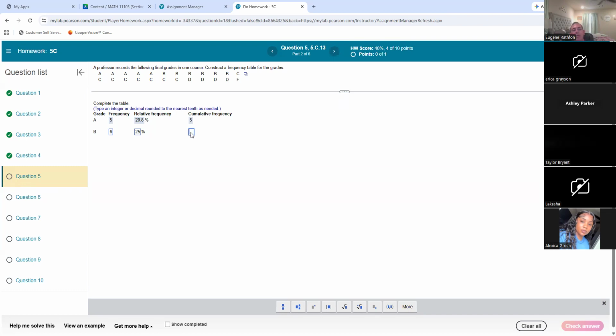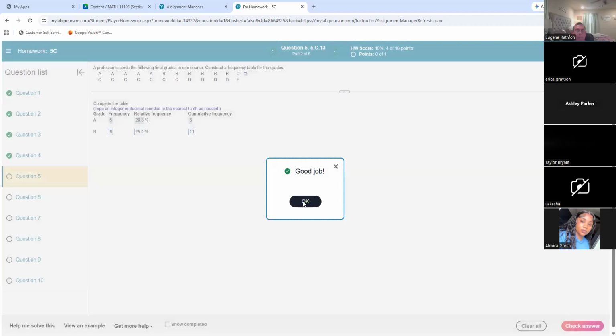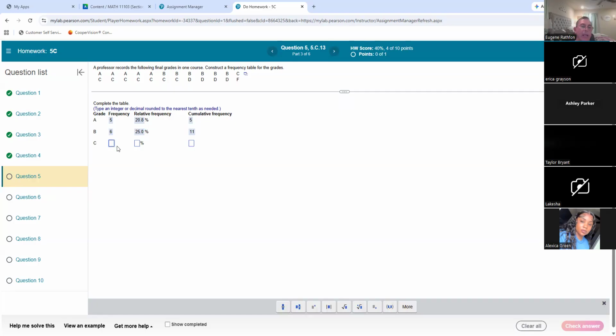What's the cumulative frequency? 11, good job. And then they want a 0.0 then. So let's put that as a 25.0. So Trinity, put a 0.0 and let's see what you get. All right, so y'all think if you get an even percent, you're going to have to add a 0.0 after it so that it's in the tenths, okay?